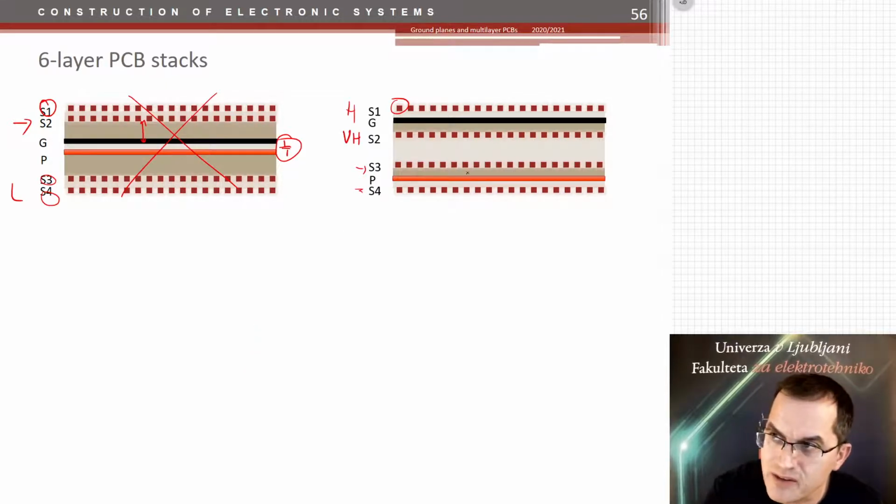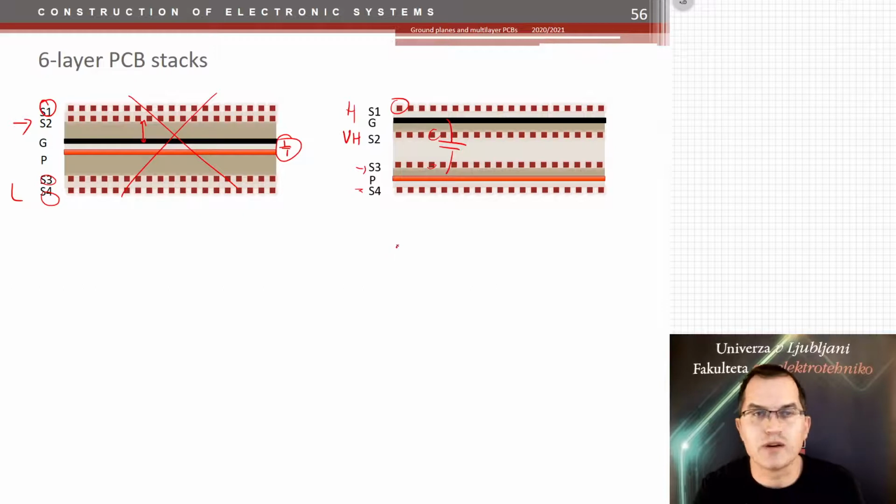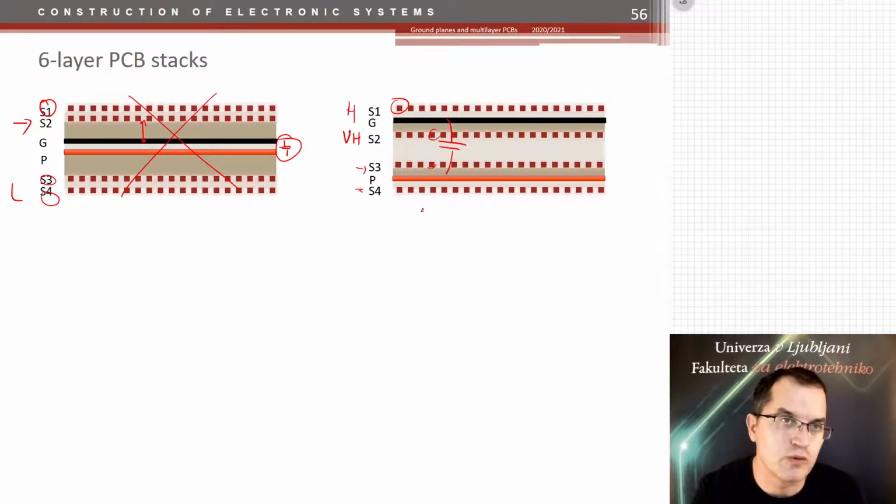The problem here is that there are 2 tracks within the sandwich, ground and power, and all the noise from ground or power would be coupled to them. So you should not put any sensitive signals inside here, because the noise would just couple to them. And that noise would then spread all around. So this is also not a good way of making 6-layer PCBs.